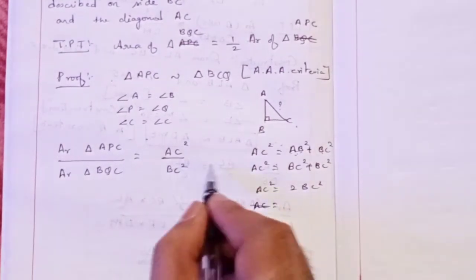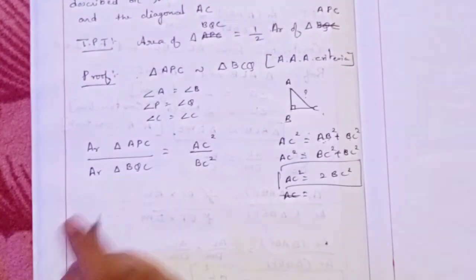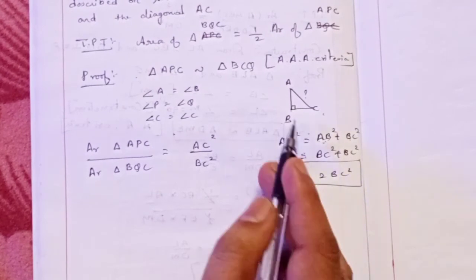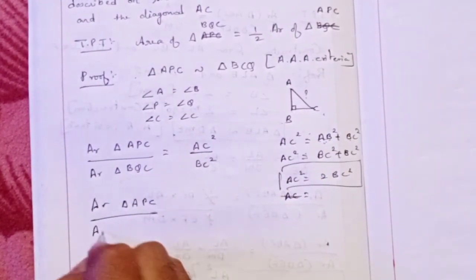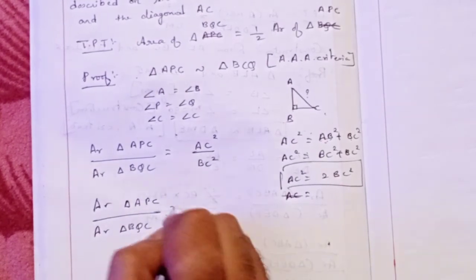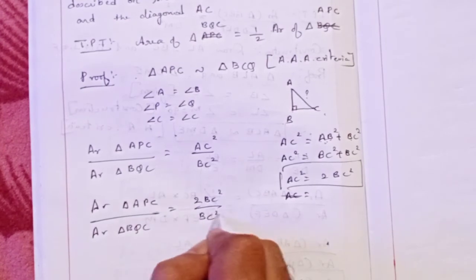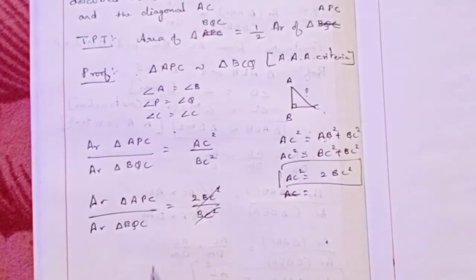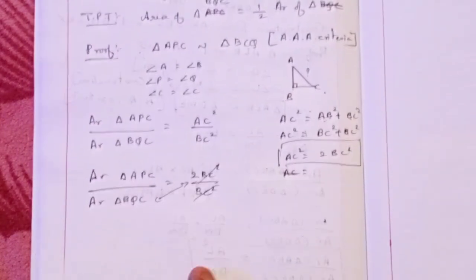So AC square is equal to what? 2 times BC square. We are going to substitute the value of AC square here. I hope that you have understood this one. So area of triangle APC divided by area of triangle BQC is equal to AC square, which is 2 times BC square, divided by BC square. BC square gets cancelled. So cross multiply these two things.